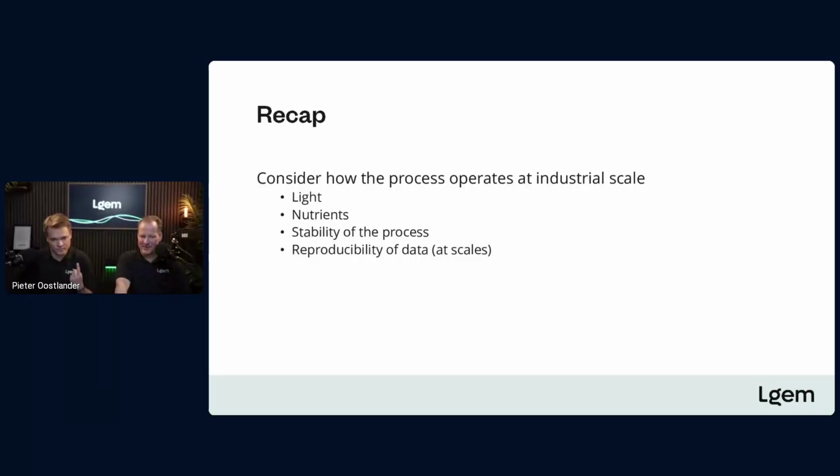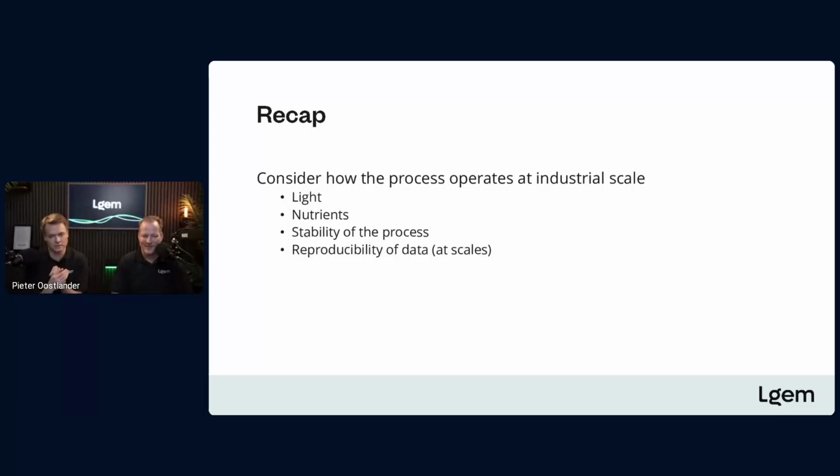Think about the light. Is the light in the lab really relevant at the large scale that we want to produce at? We've seen that with conversion factors of calculating how the light per volume works, there can really be a difference in what you need to apply in different scales. Think about nutrients. Are you using a nutrient recipe that can actually be directly implemented at scale, or does it need changes for easier handling or processing, or maybe even production cost reduction?